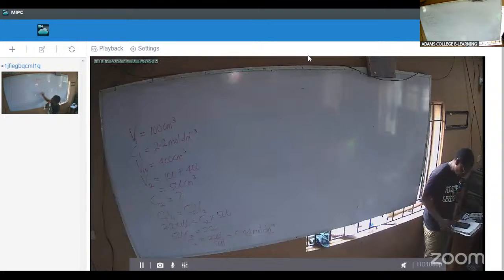Option D, ammonium chloride solution. Class, what's the answer? Sugar solution. Please don't forget, sugar is an organic compound. Not only that, it's a covalent structure.